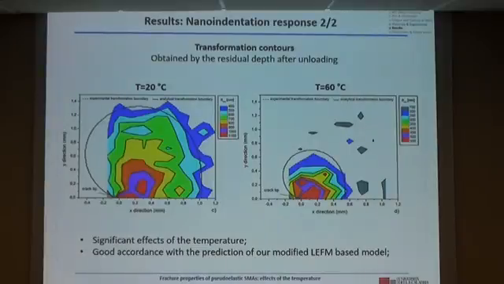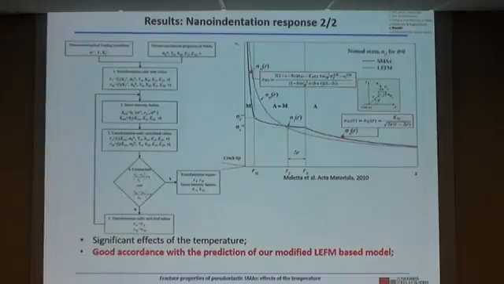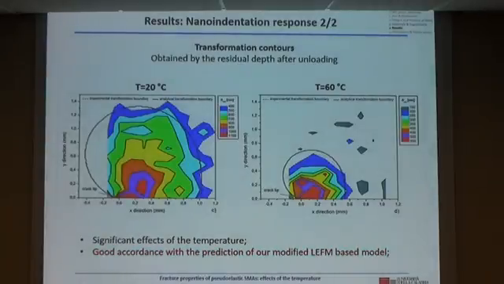So what we did, okay, we did a matrix of indentation points near the crack tip, and these are the results at two different temperatures, 20 and 60 degrees Celsius. The contour maps are the contour maps of the residual depth after unloading, and as you can see, a significant effect of the temperature is expected.